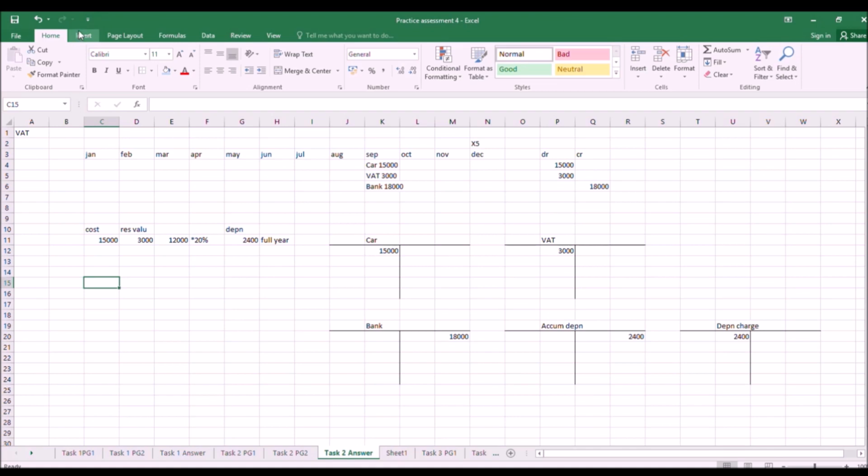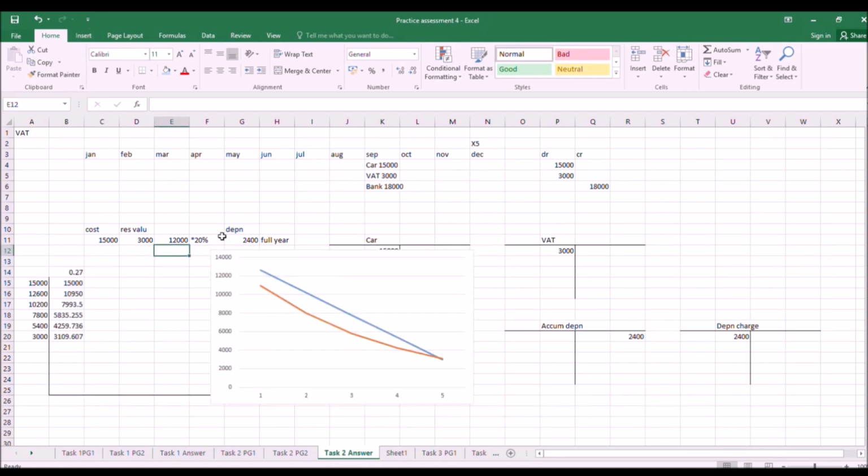So let's put in here. Whenever you switch on certain functions within Excel, like insert graph, it switches the video off. So what we've got here is I've put in the straight line amounts. Really, we're deducting off 2,400 each year, and in here I come up with a figure that's roughly the same in terms of reducing balance. And here, what you can see in the straight line is that we do reduce the same amount each year.